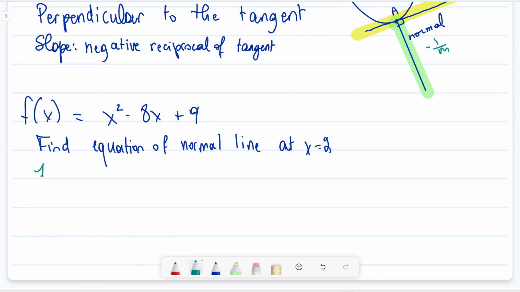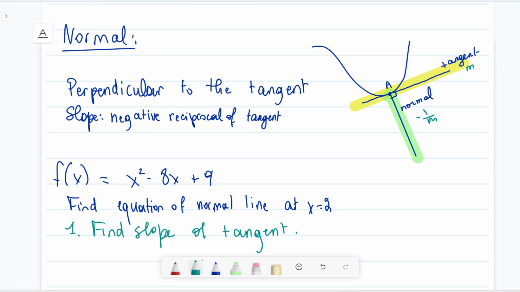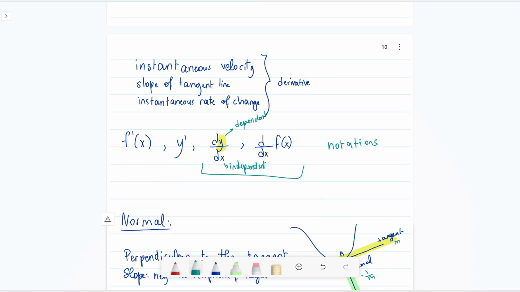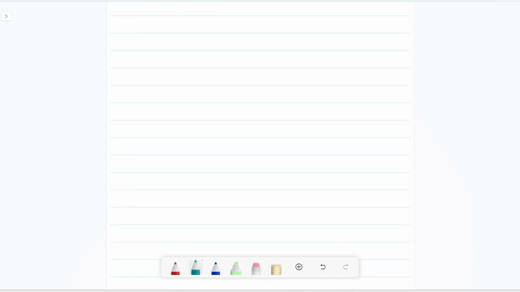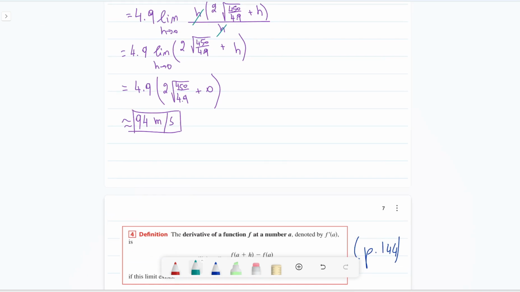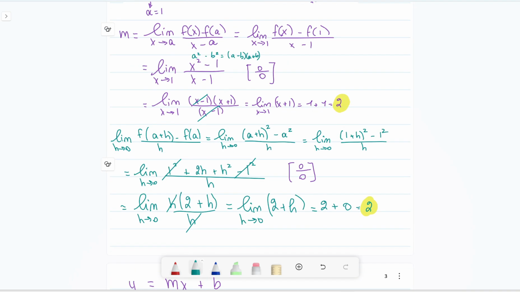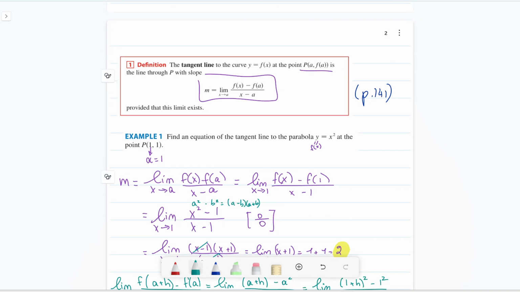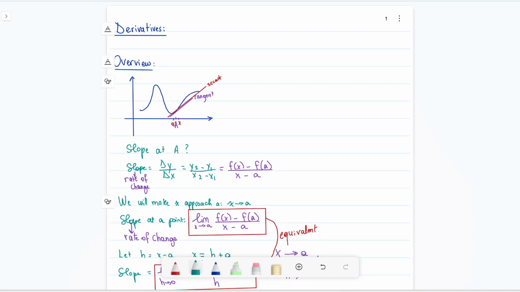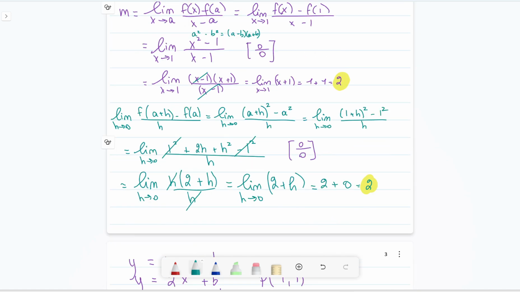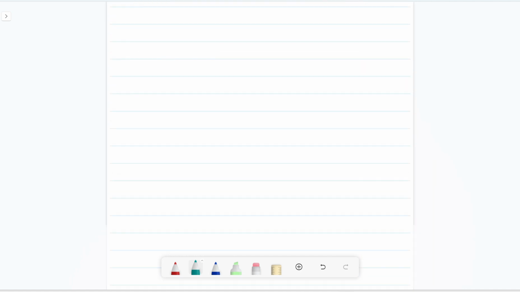First of all, find the slope of the tangent. Since we said the slope of the tangent is the derivative, we already did this exercise. We found the derivative before. Let's go up to where, let's find this question.